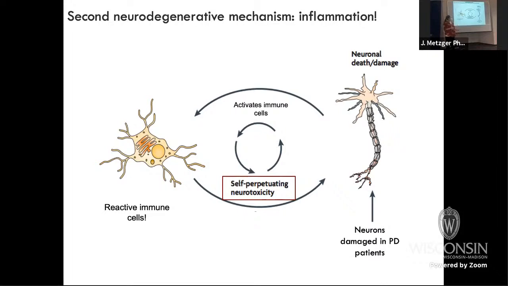But the problem is, as you recruit more and more inflammatory cells, if more and more neurons keep dying because of this ongoing, say, oxidative stress or other neurodegenerative mechanism, you're recruiting more and more immune cells, and eventually you get to a point where those inflammatory cells are actually themselves secreting compounds that lead to neuron damage. And they're recruiting too much inflammation, and you can lead to this self-perpetuating cycle of neurotoxicity.